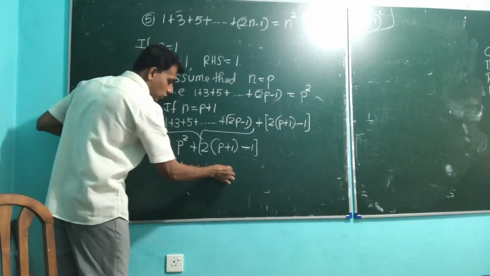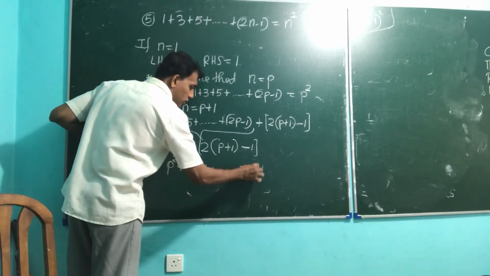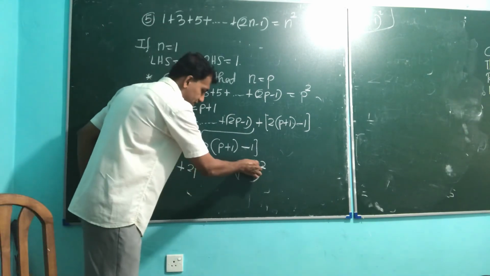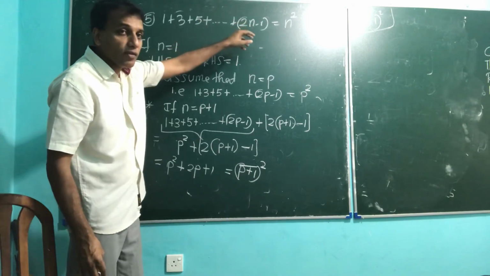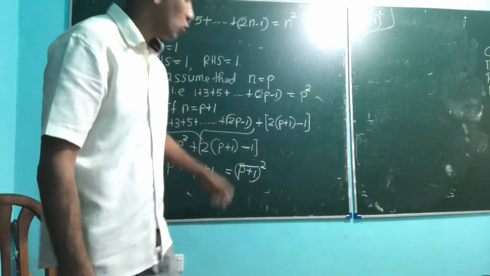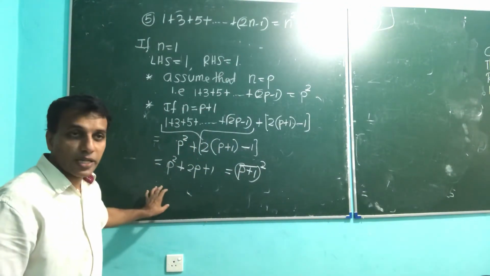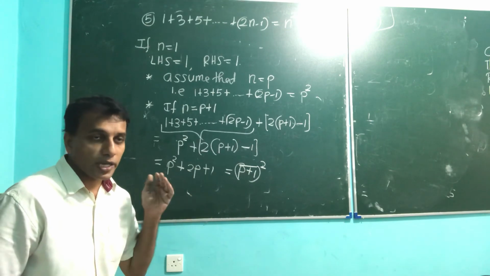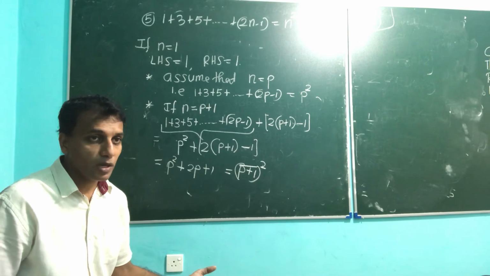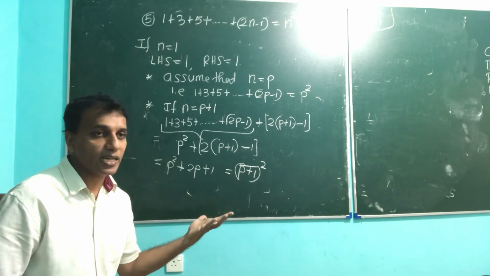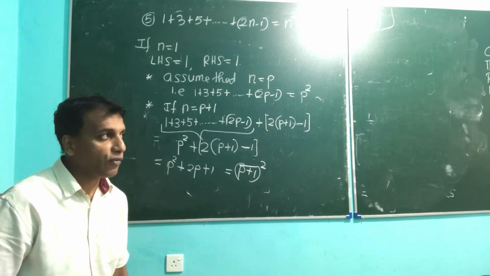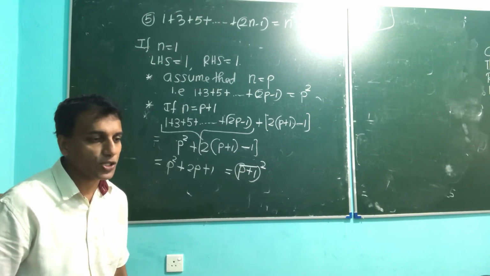So what is the answer now? (p plus 1) all squared. Put a bracket like this. Where n is, we apply p plus 1. That's the method of this question. Everything is over, so better give a proper statement. Therefore the given statement is true for n equal p plus 1. That means it is true for every integer, right? Therefore the given statement is true for every positive integer.